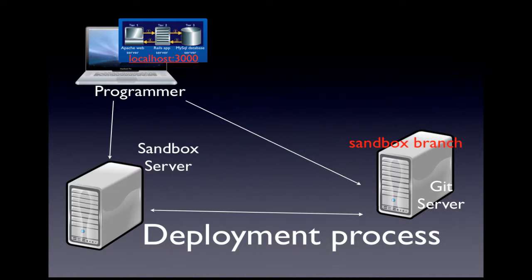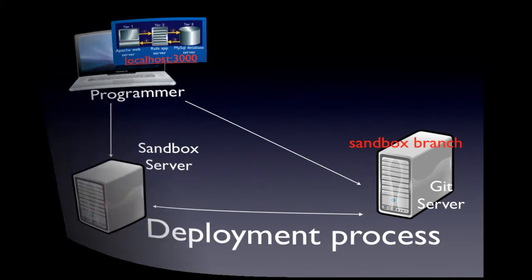They can deploy it to the standby server, and then deploy it to the production server. So then when the programmer is done with fixing the bug, the programmer can switch to their sandbox branch and continue experimenting with a new feature, completely isolated from the production flow of deployment, if you will.